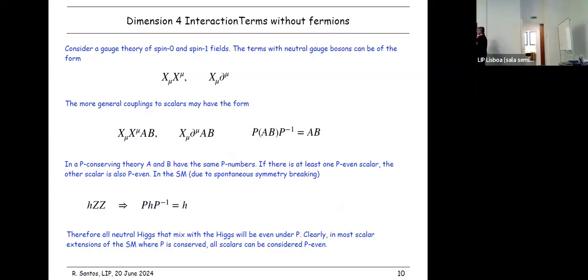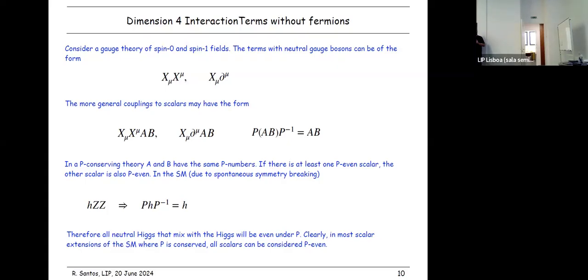This is the part that I will not tell you much more in detail, but let me just tell you how we know that something comes from P or from C. First of all, you need to know two things. The first one is that if you have a renormalizable theory, you need to have at most dimension 4 terms in the Lagrangian.